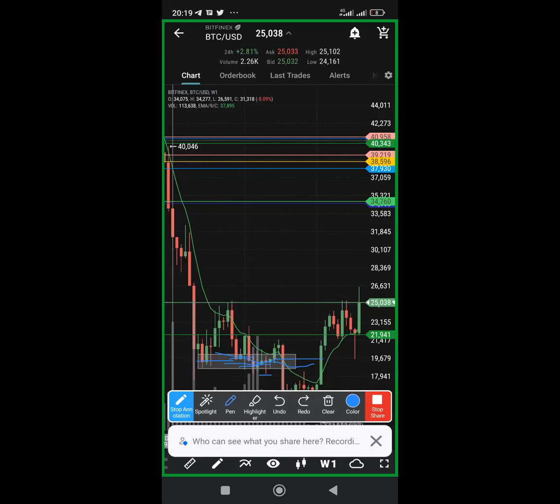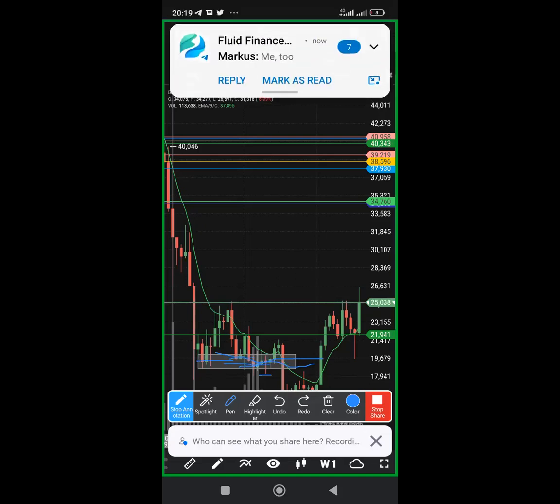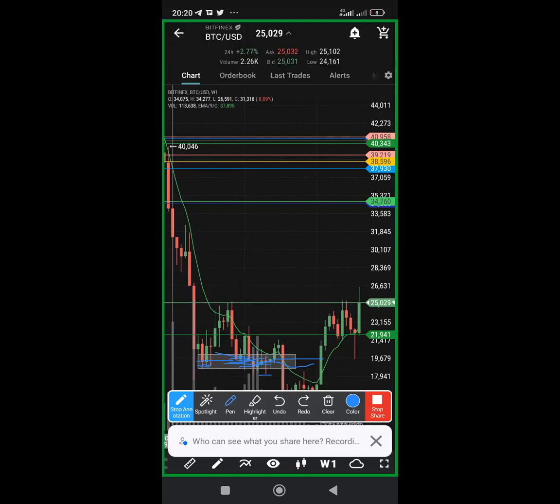Understand? Normally, if you check all these places where you see a lot of buy and sell happening, a lot of price action at a particular price, you call that place a key price zone.